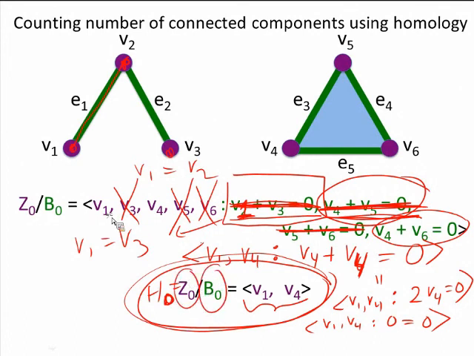And so our cycles, in this case, are generated by our vertices because they all get sent to 0. And then our boundaries will be generated by the boundaries of our E_i's. I could have thrown in the boundary of E1 plus E5, but that would have just given me the relationship 0 equals 0 after I've applied all the others.